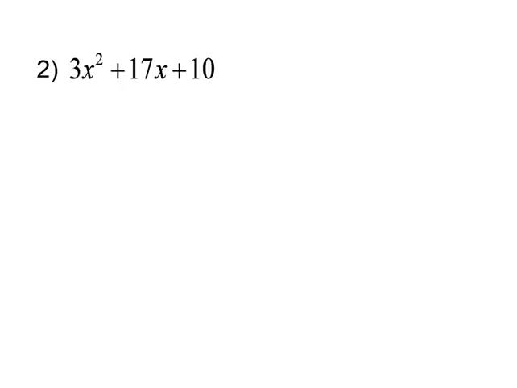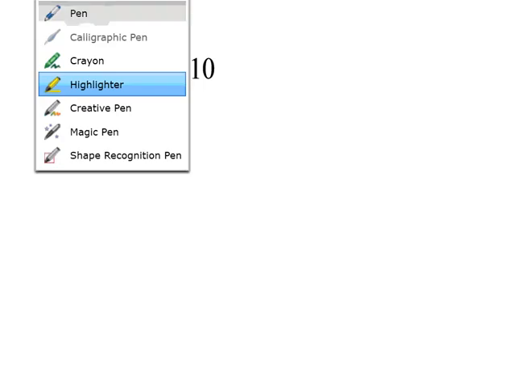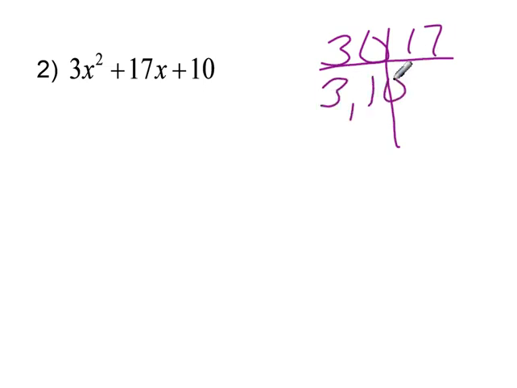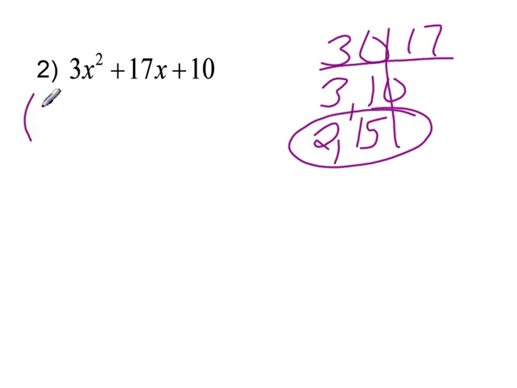So I'm looking for factors of 30, because that's A times C, 3 times 10. Factors of 30 whose sum is 17. So 3 times 10, nope, that's not it. How about 2 times 15? 2 and 15, those two are the magic numbers. First times first is 3x times x.